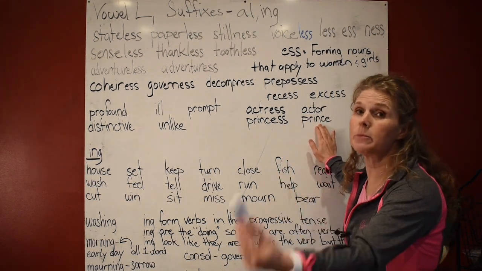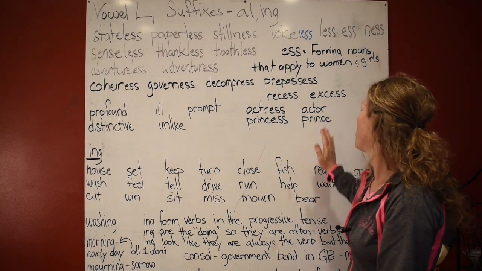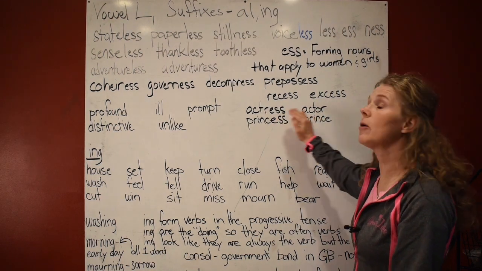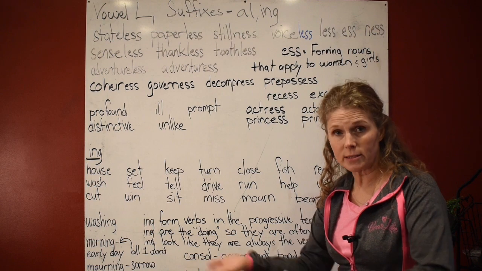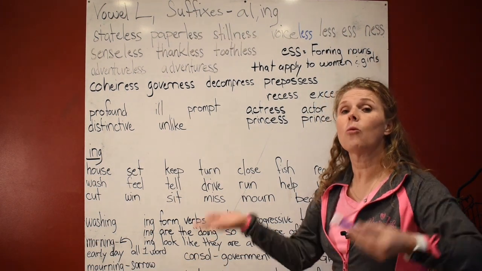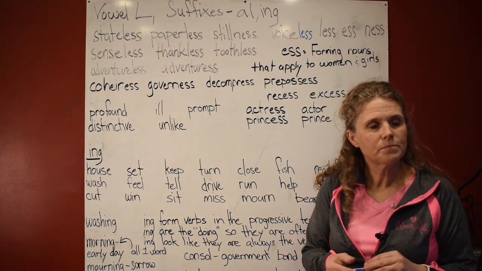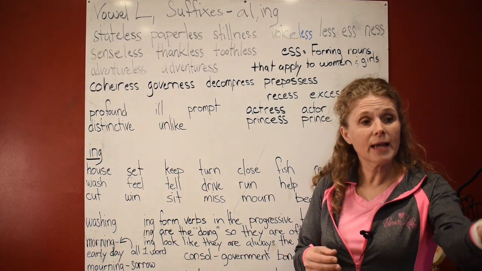Prince is a boy or a man. So we are not moving away from this, but we are with this. If you think of a waiter is a man that waits on people, and we have a waitress that is a woman, we're moving away from that. Basically a person who takes care of you at a restaurant. Exactly.